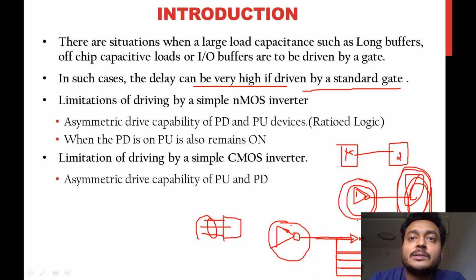Suppose this one inverter is able to drive this inverter, so one inverter. It is going to drive this very easily, but if the same inverter is attached with four other inverters driven by the same output, then you may not expect the same performance as in the single inverter.